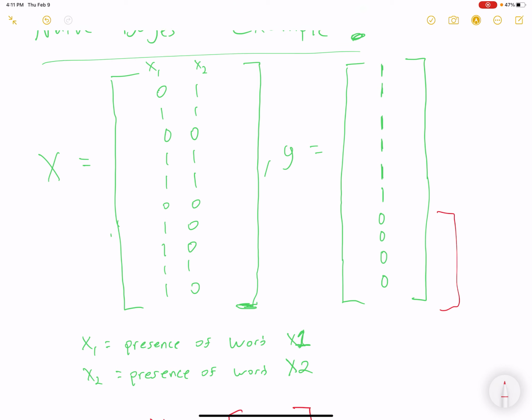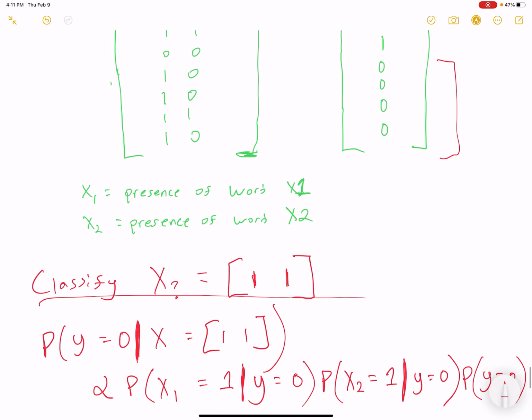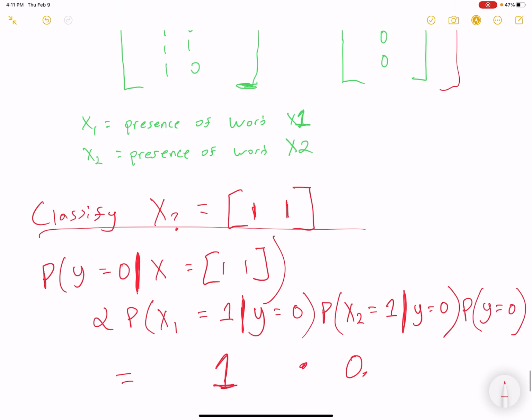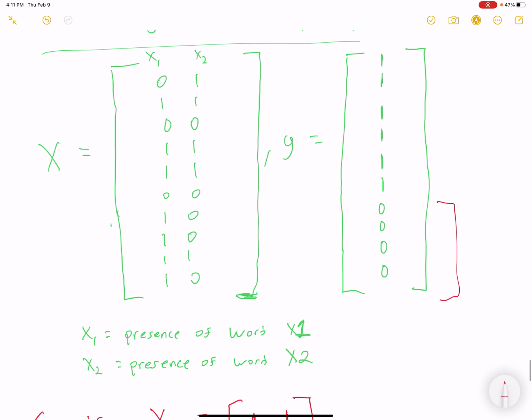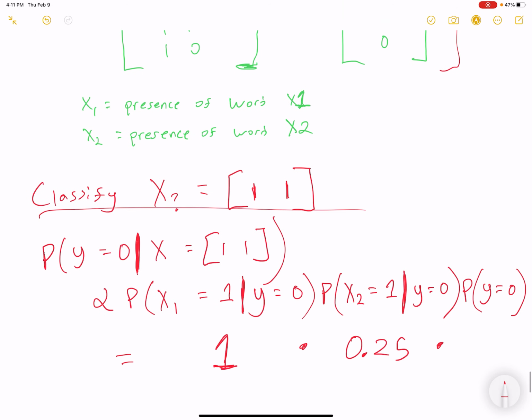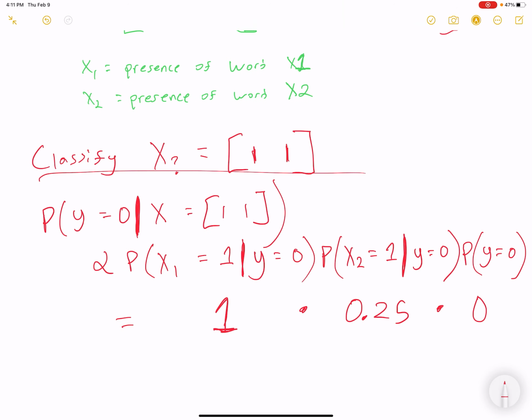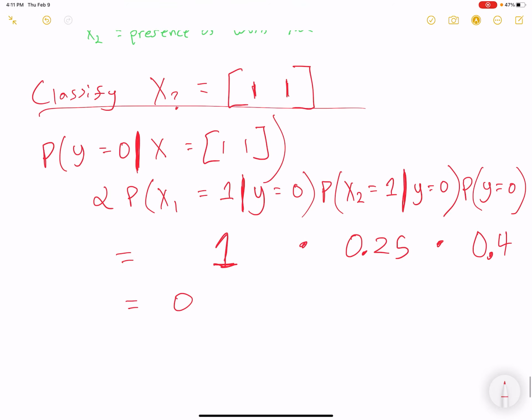One of these 4 data points where y equals 0 has x2 equal to 1, so that probability is 0.25. And what's the probability that y equals 0? 4 out of the 10 data points have y equals 0, so times 0.4, which comes out to be 0.1.